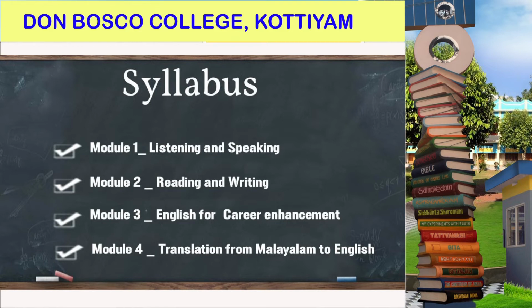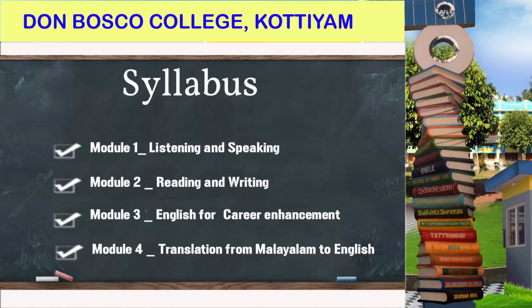The major objective of this paper is to enhance your career prospects and employability, and to develop your personality by fine-tuning your communication and presentation skills. So, this paper is very important for your career development.